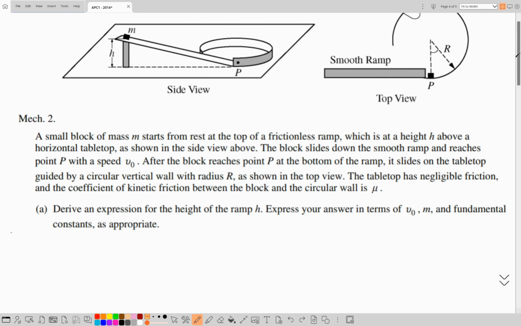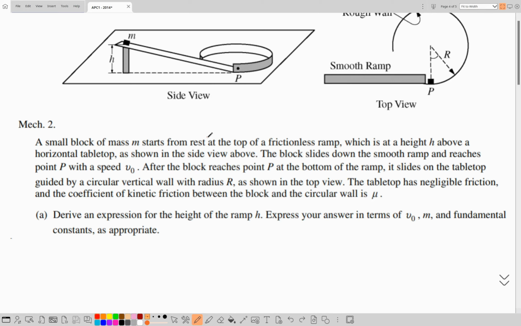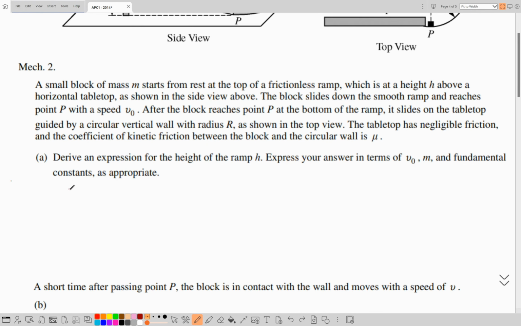Take the P level to be the horizontal passing through P. And now we can apply the conservation of energy.